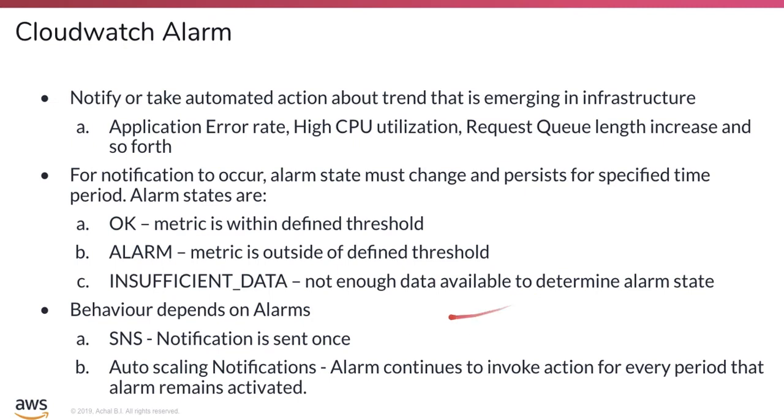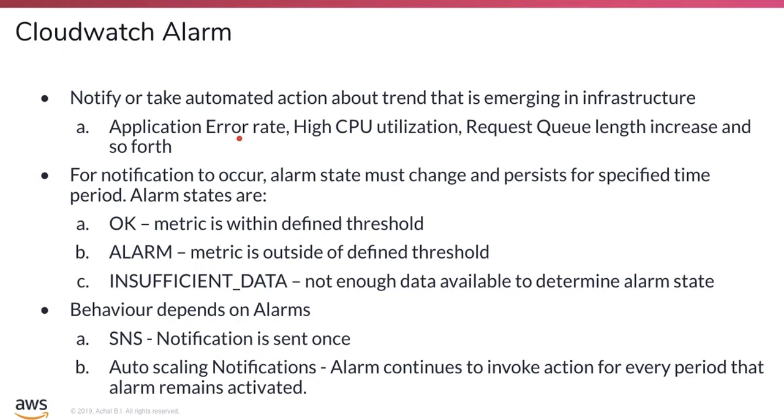So let's understand alarms and their different states. Basically, what an alarm does is take automated action. It can notify through SMS, or it can take automated action as well. These actions are due to changes in the infrastructure and the application.